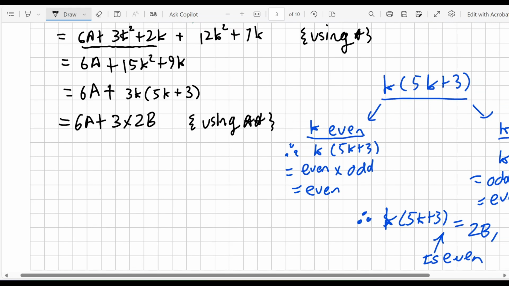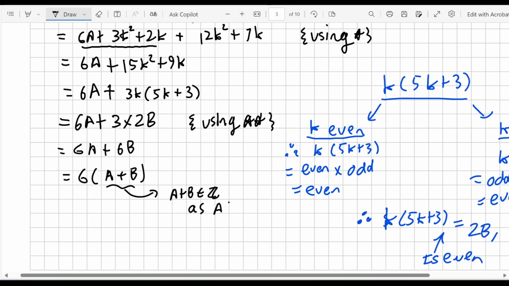All right, so this is 6a plus 6b, which is 6 lots of a plus b. Now, a plus b is in Z, as a is in Z, and b is in Z. Wonderful. Therefore, P(k+1) is true.